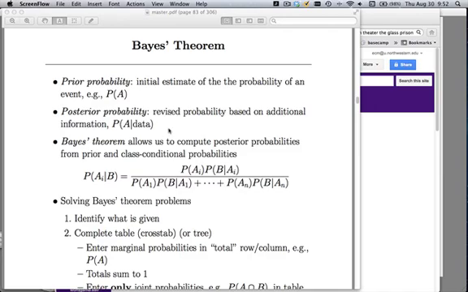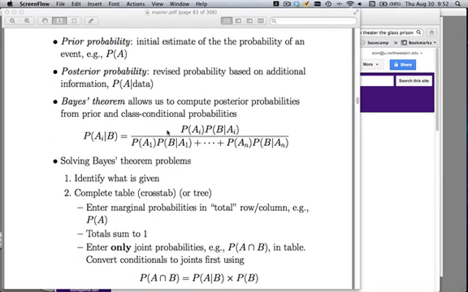The way that I've emphasized in class is what I call the crosstab approach. Siegel calls it the conditional probability table approach, whatever he calls it. The approach that Siegel recommends is called the tree approach. And to be honest with you, I think the tree approach is also very good.